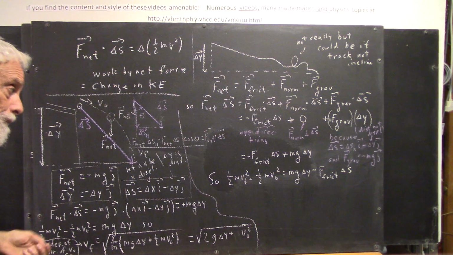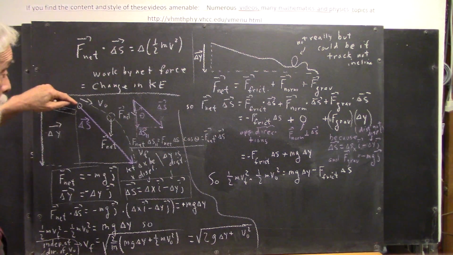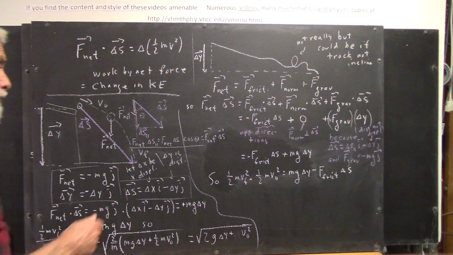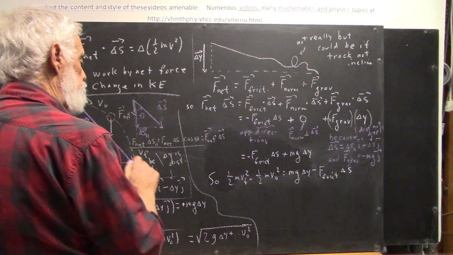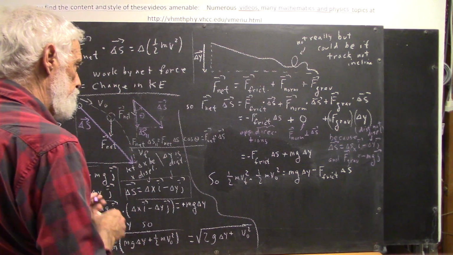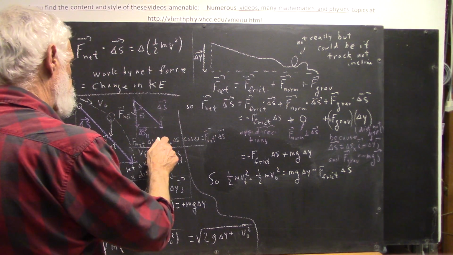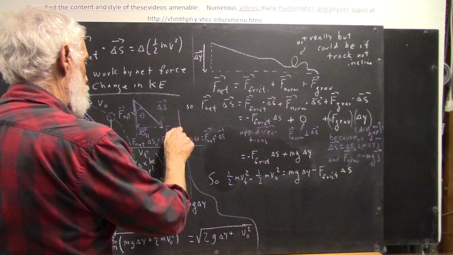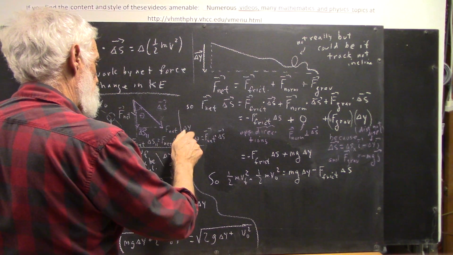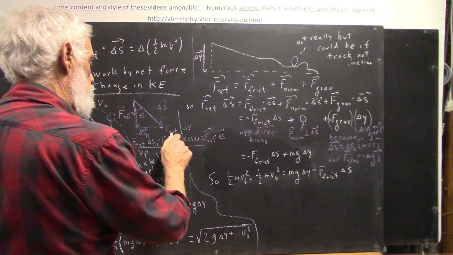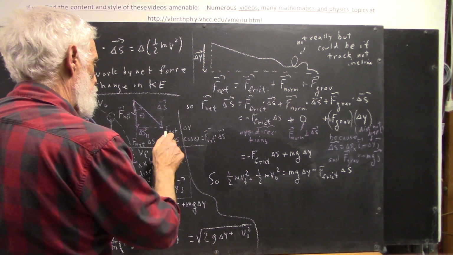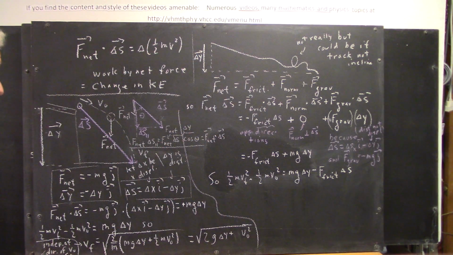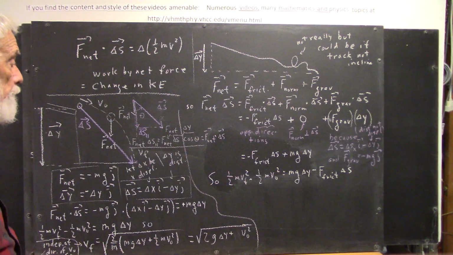And the component of the delta S in the vertical direction is just your delta Y. So this equals F net delta Y. Here's your F net, whoops, here's your F net, and here's your delta Y, this projection.